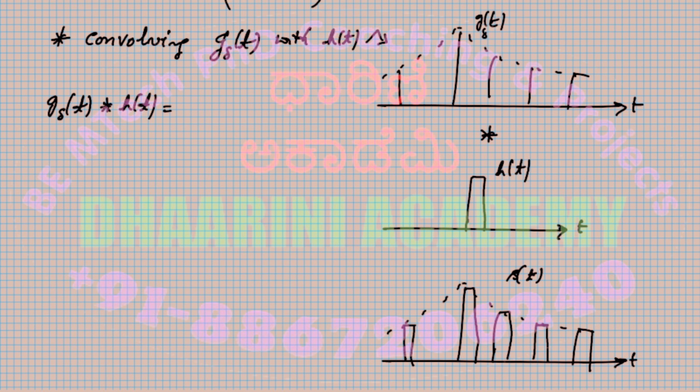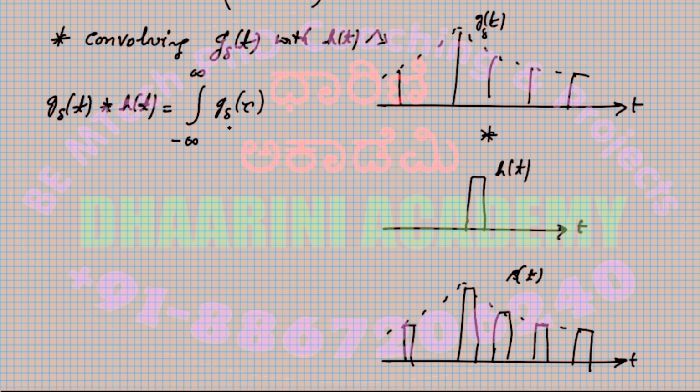Okay. So this is equal to, if you remember, the integration from minus infinity to plus infinity, because this is a convolution integral. The first function, that is g delta of, you see, it's not t, it is tau.